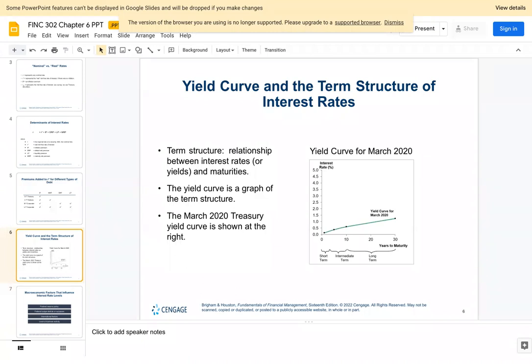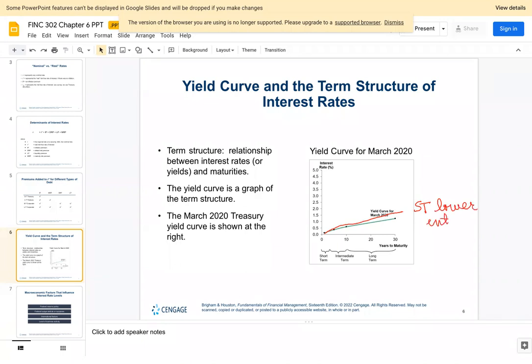Okay, so the yield curve is just the graph of the term structure of interest rates. So in this case, here's an example of a yield curve. It's upward sloping.